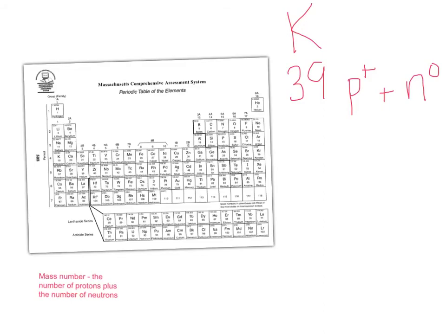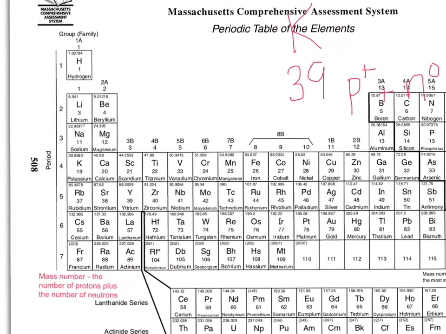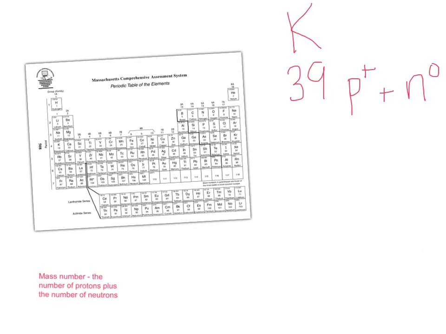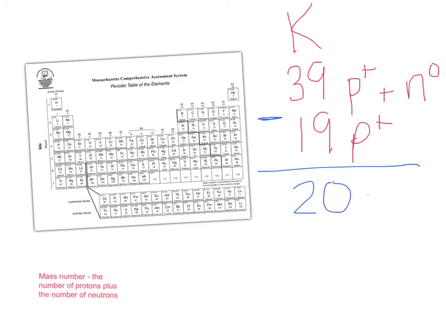Now, 39 particles, and I know that 19 of those are protons, right? We just learned that. 19 of those are protons. So basic math tells me if I have 39 things and 19 of them are protons, that must mean that the rest, those other 20 I get by subtracting, must be my neutrons.